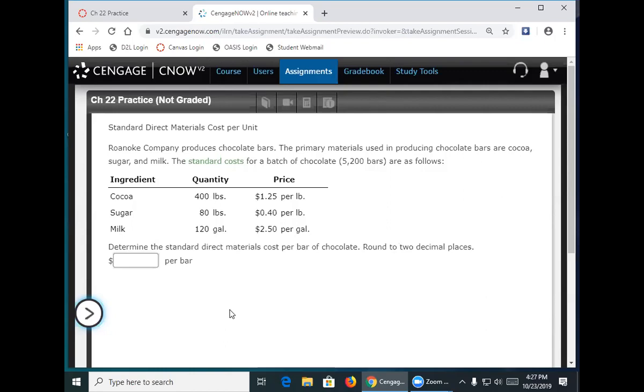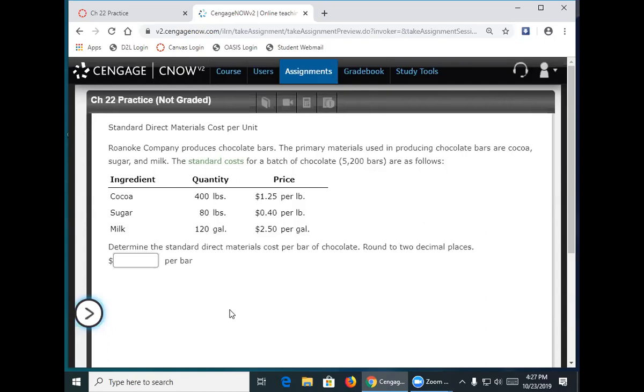Probably didn't even need to do that one together, but you know, just talking about standard costs. So cocoa, of course, we would take 400 times $1.25. So it should be what, 500? Sugar is 80 pounds times 40 cents per pound, which is $32. And milk is 120 gallons times $2.50 a gallon, or $300.